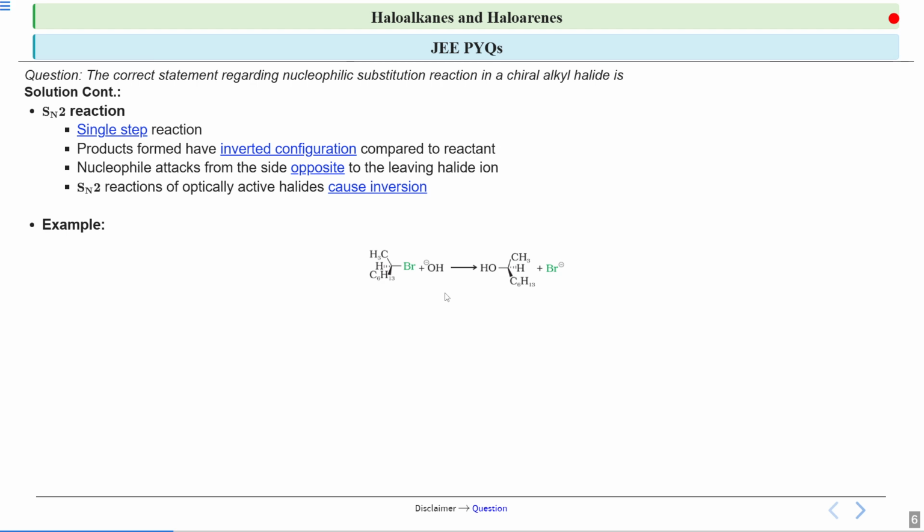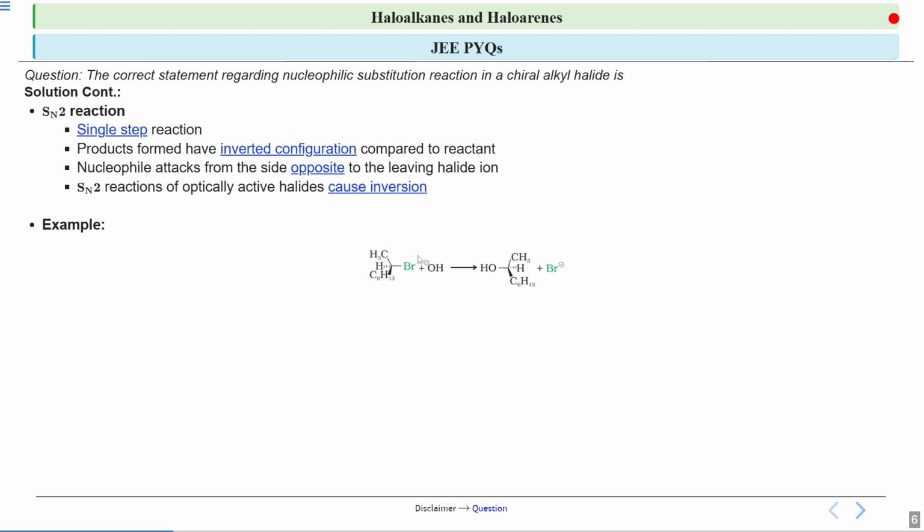Okay, and finally you will get a final product as alcohol after the bonding of the nucleophile and the carbon, after the removal of the halide ion or leaving halide group. So the SN2 reaction is a single step reaction, and in this reaction the nucleophile attacks from the opposite side to the leaving halide ion, which causes the inversion of configuration of the product compared to the reactant.